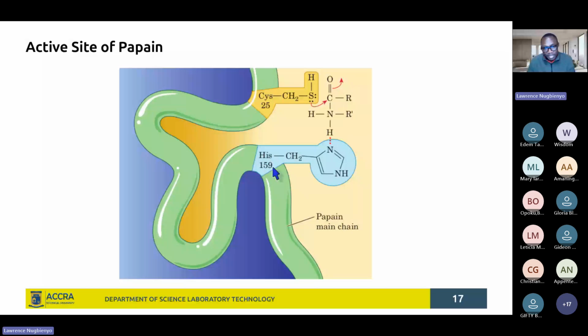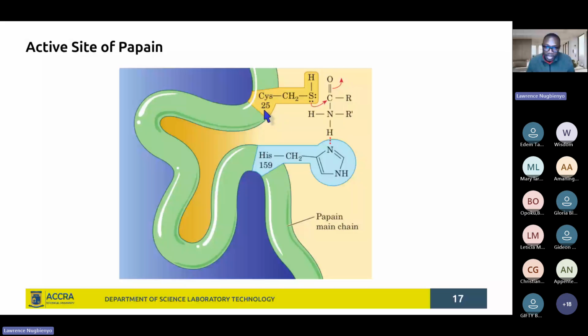I think I explained this in one of the lectures. You have a protein that has amino acids joined with peptide bonds, giving you a peptide chain. If you are considering the primary structure of these proteins, you have cysteine as the 25th amino acid when counting from the first all the way to the last in that big protein.